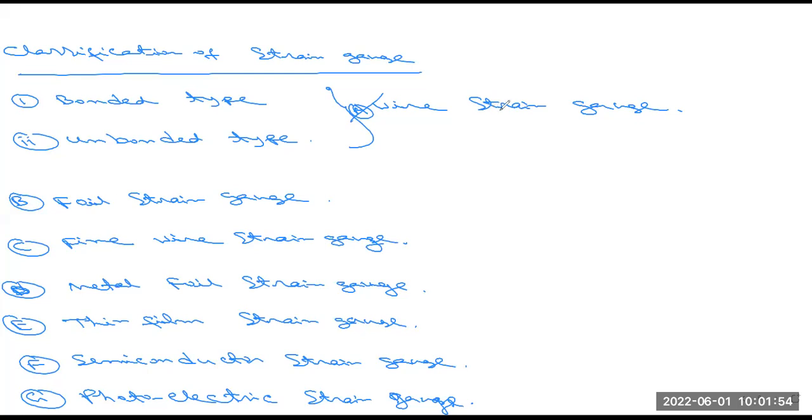So it has a minimum level of leakage, and it is also suitable for high temperature application. So I have written here: this is smaller size. Number two, this is minimum leakage.